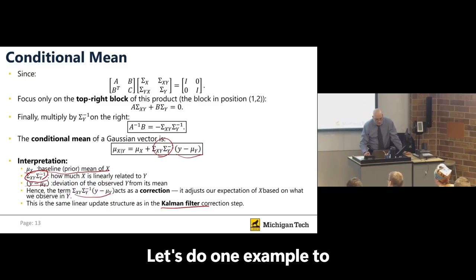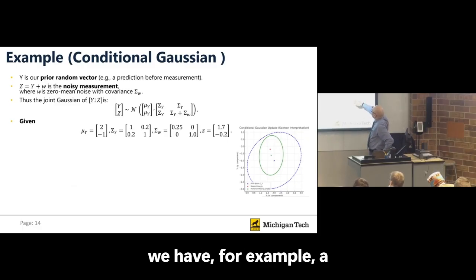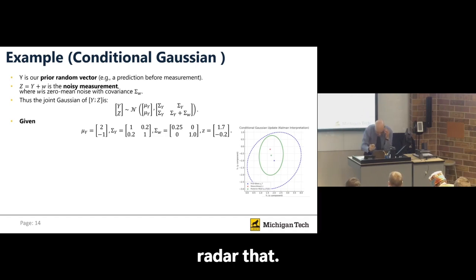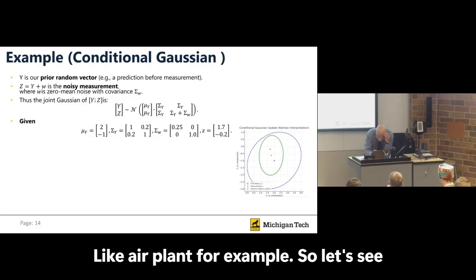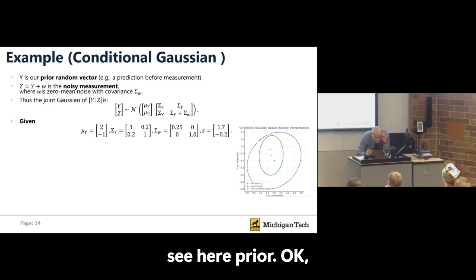Let's do one example to understand what's going on. We have, for example, a radar that tries to track an airplane. So let's see which color is which. You can see here, prior.